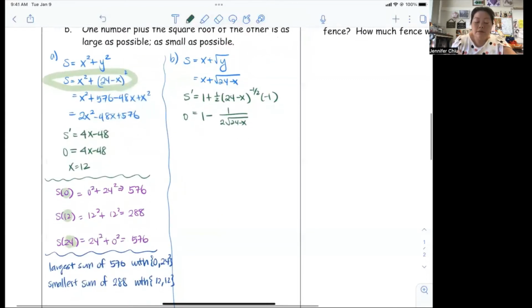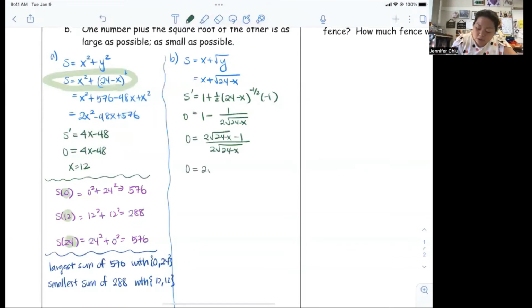Since there's no common denominator, I'm going to crisscross applesauce this to make one fraction: 2 root 24 minus x minus 1, all over 2 root 24 minus x. Like I said before, this is an optimization problem, so we don't have to solve for the denominator, we just care about the top. So 0 equals 2 root 24 minus x minus 1.